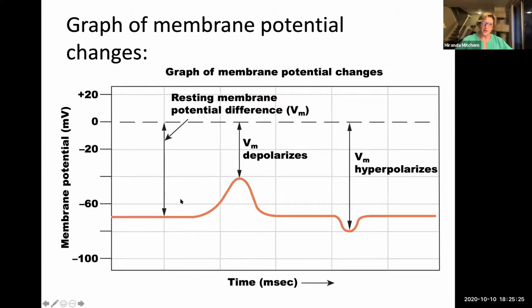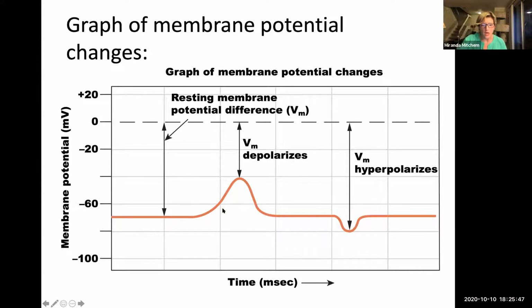Again, the resting membrane potential is the difference when we set the environment to 0. It doesn't mean that it's always minus 70 in these cells, but when we set the environment to 0, as we saw in that example, the resting membrane potential is the difference.